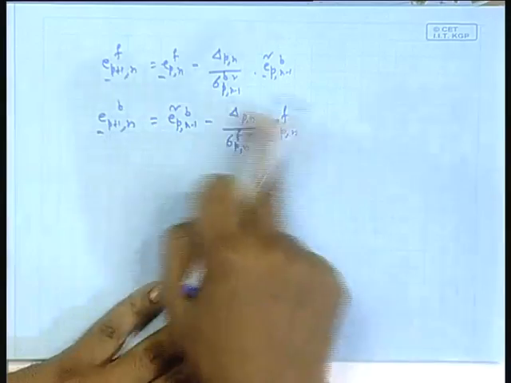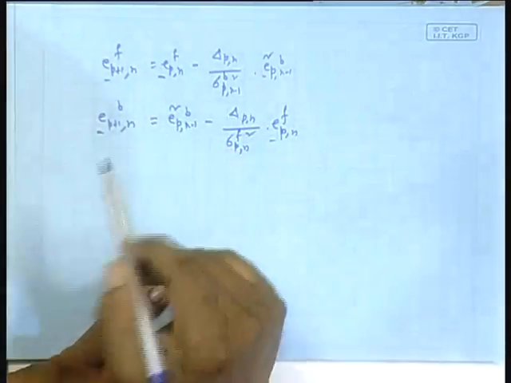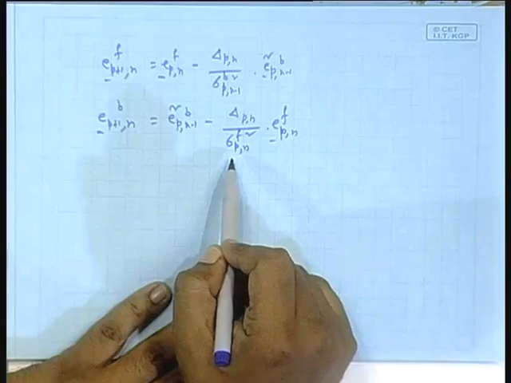This does not happen in the forward prediction case, because the columns as such, x 0, x 1, x 2, dot dot dot, and the next one 0, x 0, x 1, x 2, then 0, 0, x 0, x 1, x 2, these columns are linearly independent, isn't it? So, if you go for this quantity, what is this quantity?